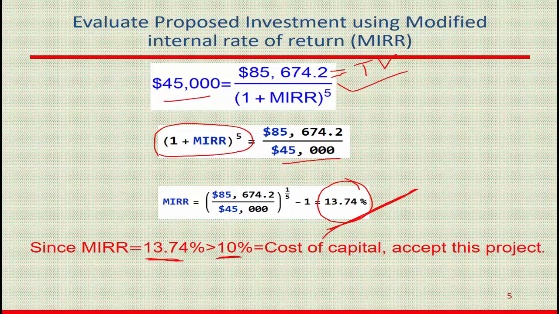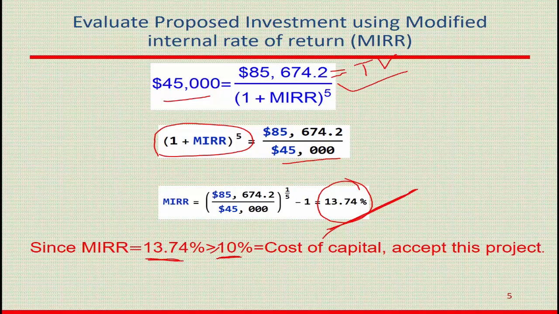If the MIRR is greater than or equal to the cost of capital, then we undertake this project. If MIRR is less than the cost of capital, we do not take this project, because in that case the return on that investment is less than the cost that you have to pay for the borrowed money.